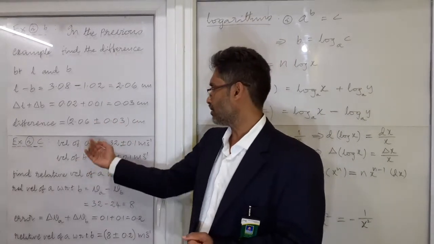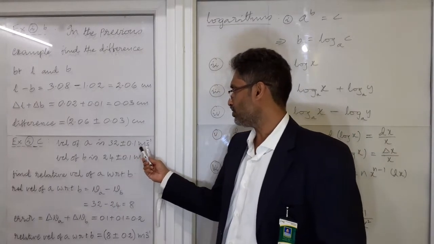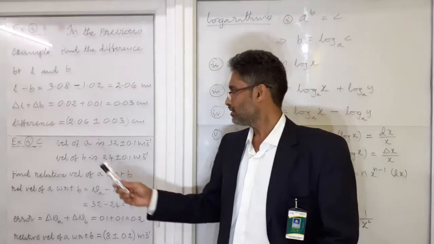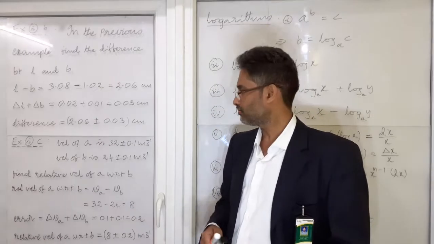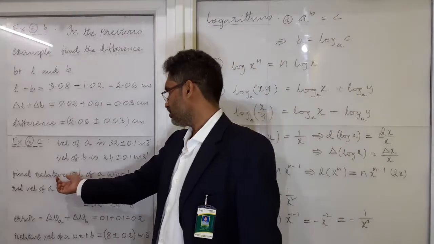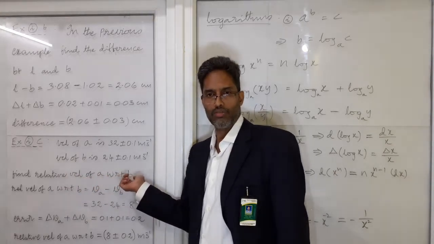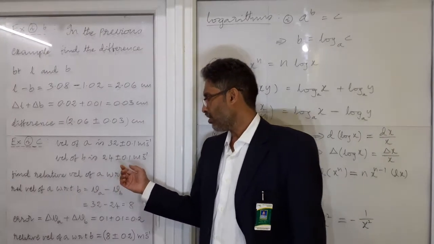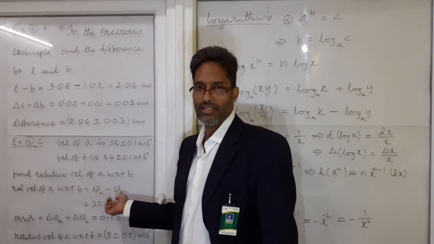Now take one more example. Velocity of A is given as 32 plus or minus 0.1 meters per second and velocity of B is 24 plus or minus 0.1 meters per second. Now the calculation is required to find the relative velocity of A with respect to B. We have already learned that relative velocity of A with respect to B is VA minus VB.